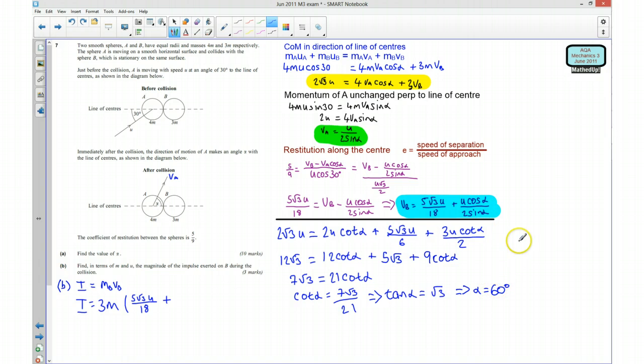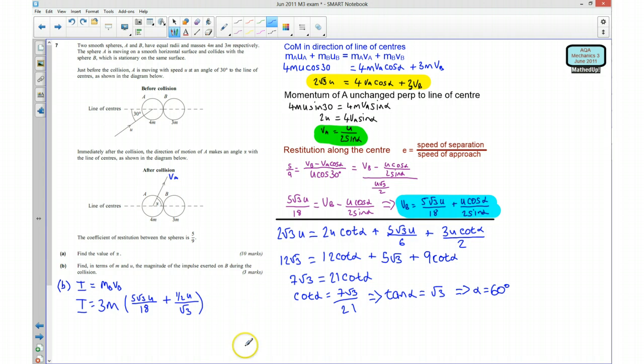So if alpha is 60 degrees, cos 60 is a half. So that's going to be a half of u over 2 sine alpha. So sine of 60 degrees is root 3 over 2. So that's just going to be 2 lots of root 3 over 2, which is root 3.